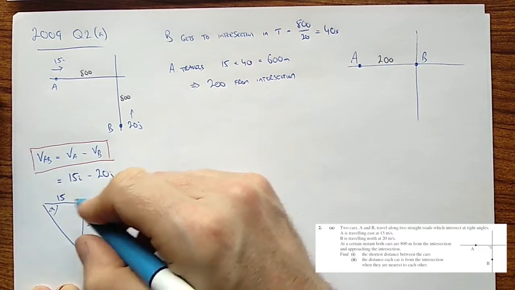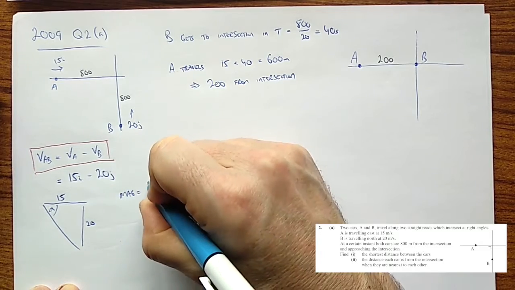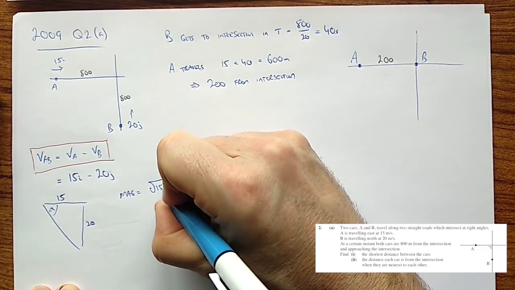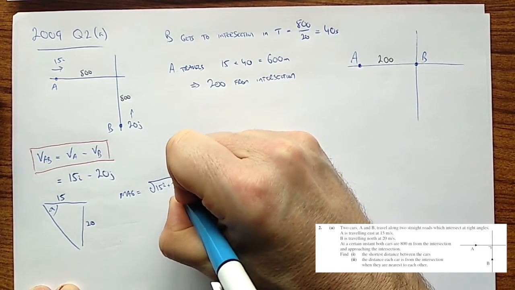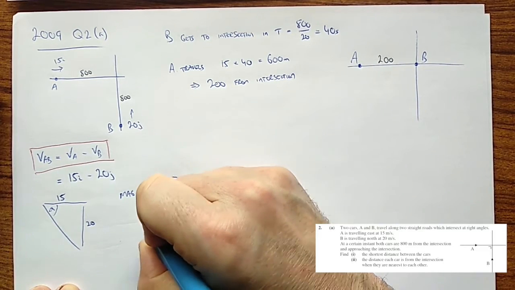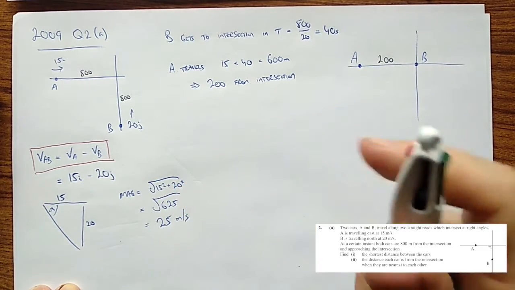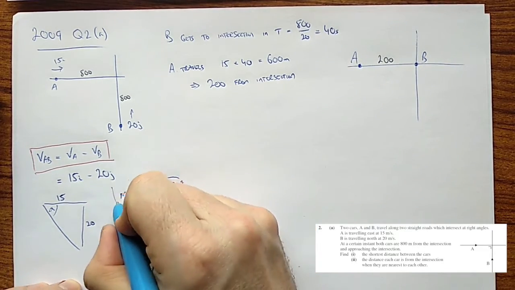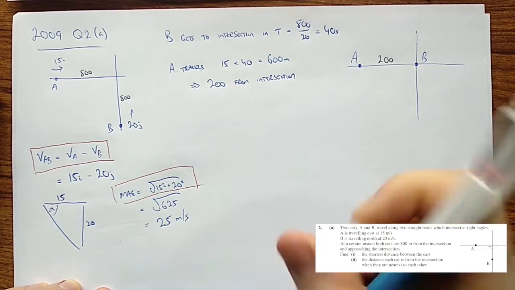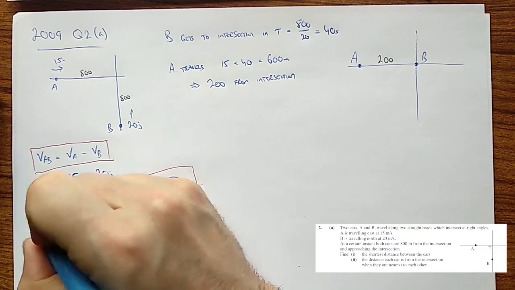Well, the magnitude equals the square root of 15 squared plus 20 squared. Square root of 625 equals 25 meters per second. All right, this is straight out of your junior cert trigonometry. Again, really worth knowing.